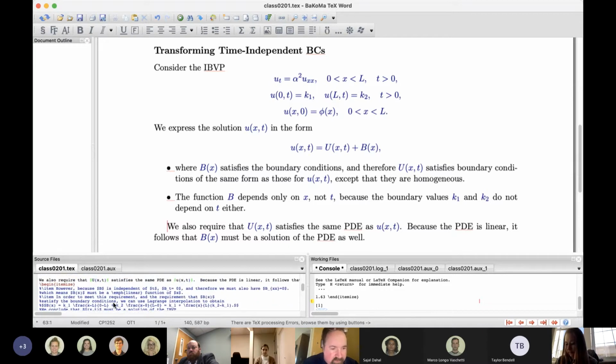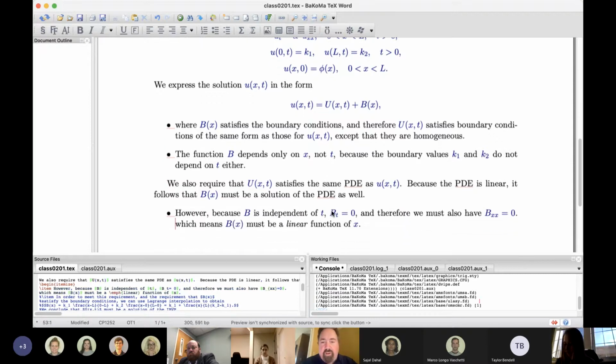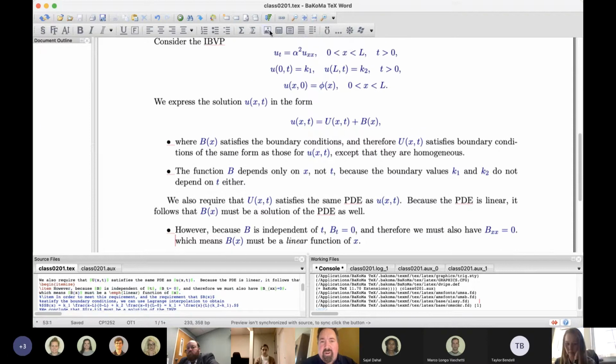So how are we going to make that work? Well, capital B has to satisfy this, but it doesn't depend on t. So B_t is 0. If B_t is 0 and it satisfies this equation, then B_xx is 0 also. If a function of x has a 0 second derivative, it must be linear, because if I take any linear function and take a second derivative, I'm going to get 0.